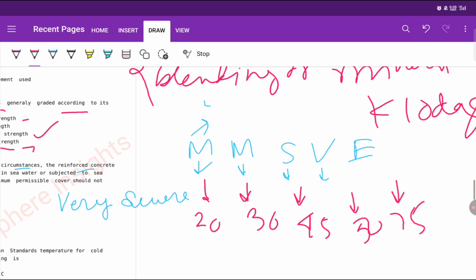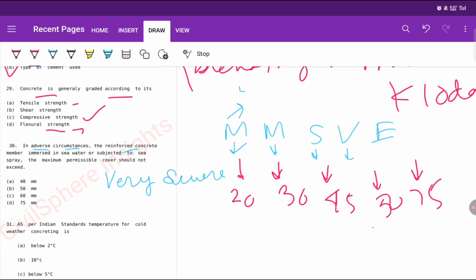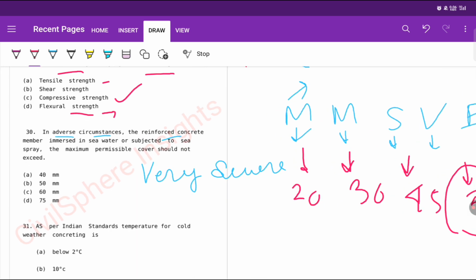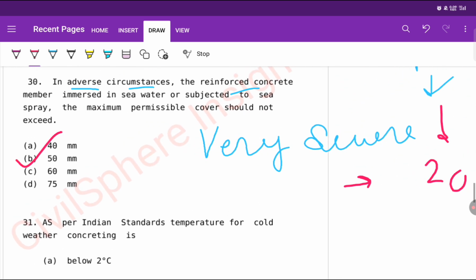So here the minimum is 50. The maximum permissible cover should not be exceeded, it is a maximum. So option B is the correct answer.